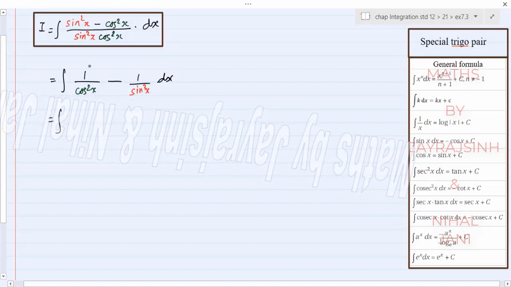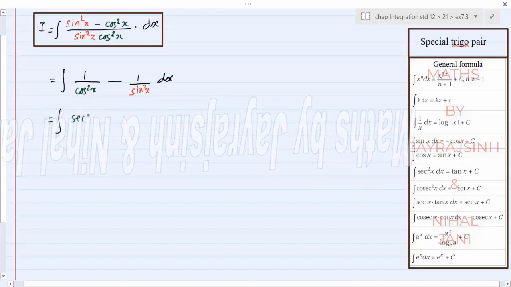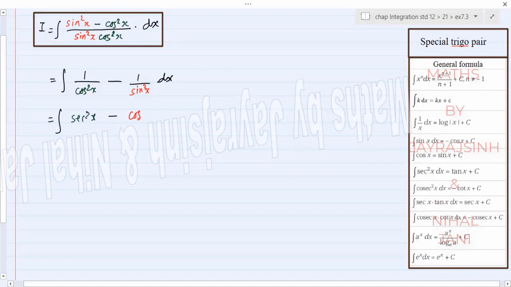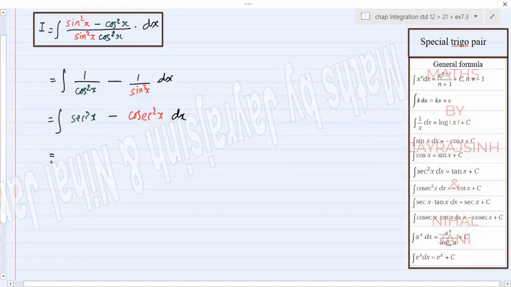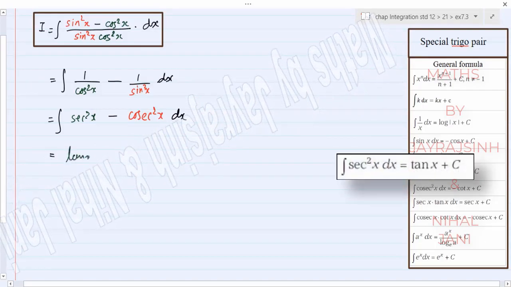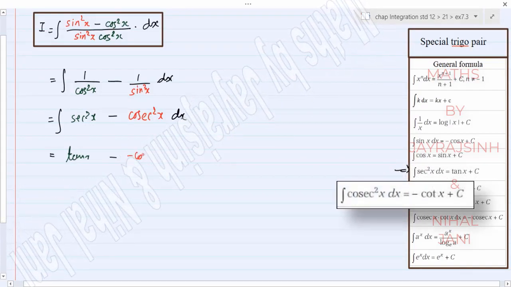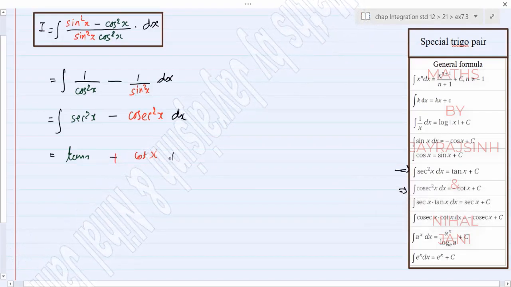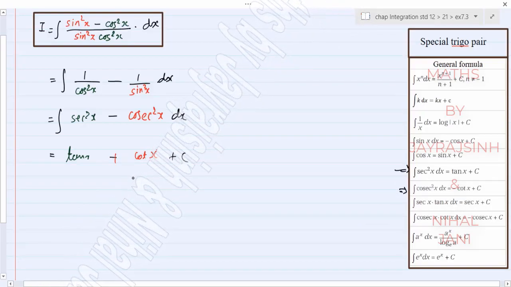So here we just have to integrate 1 upon cos square x, or we can say sec square x, minus 1 upon sin square x, or we can say cosec square x. So integration of sec square x is tan x, minus integration of cosec square x is minus cot x, or we can say plus cot x, plus c is your final answer. Ta-da!